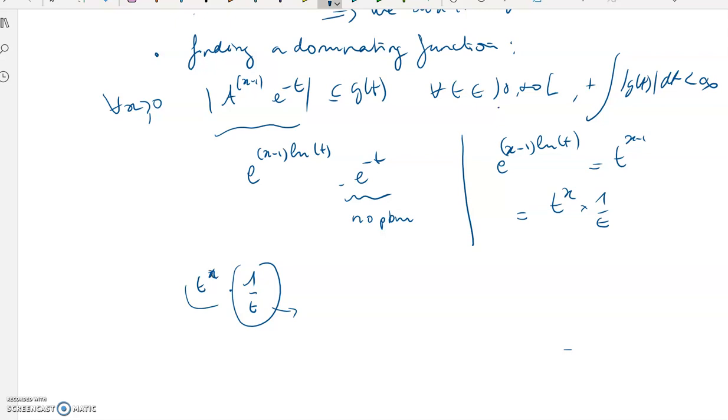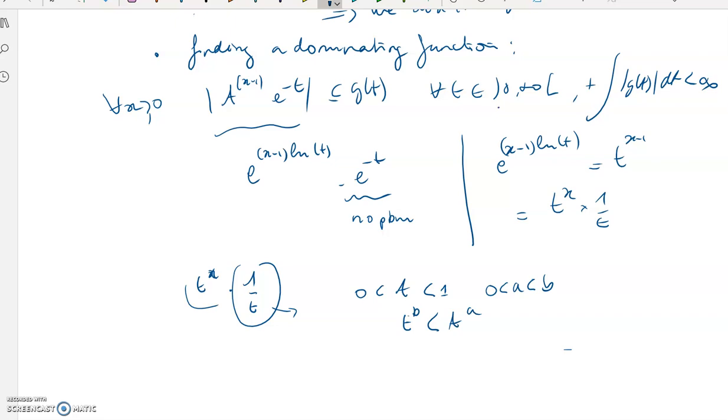Okay, the thing is that if t belongs to 0, 1, you remember that if I take some positive powers of t, let's say two powers of t, the higher the power, the lower the value, meaning that t to the power b is going to be smaller than t to the power a.